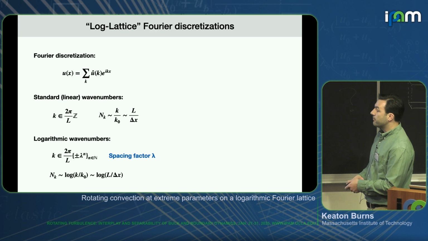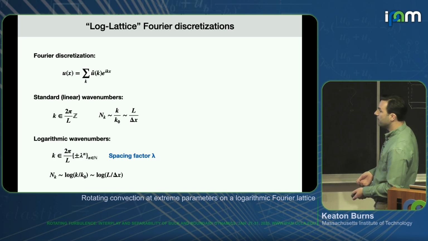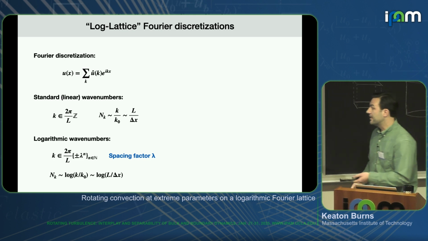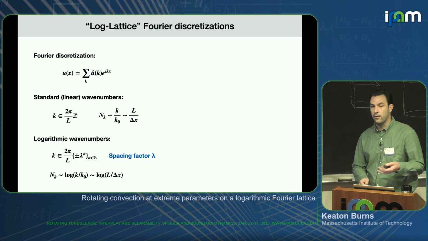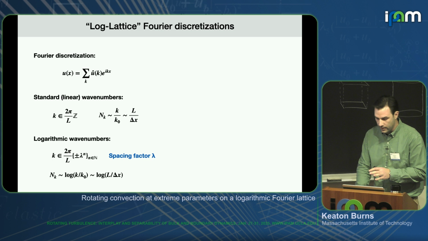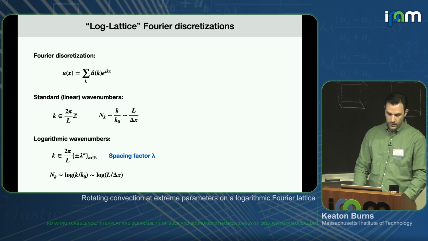What that means is that the number of modes we have goes logarithmically with the dynamic range of spatial scales that these Fourier modes are resolving. For reference, lambda could be something like 2, or in practice, we use something like 1.1, something in that neighborhood. And I'll say a little bit more about that.